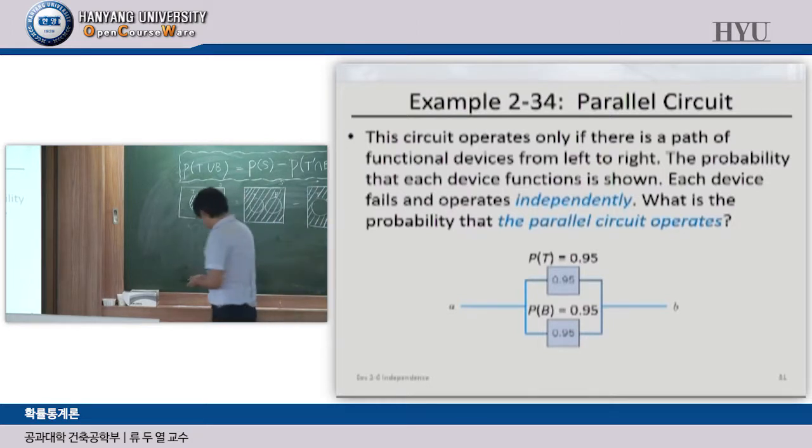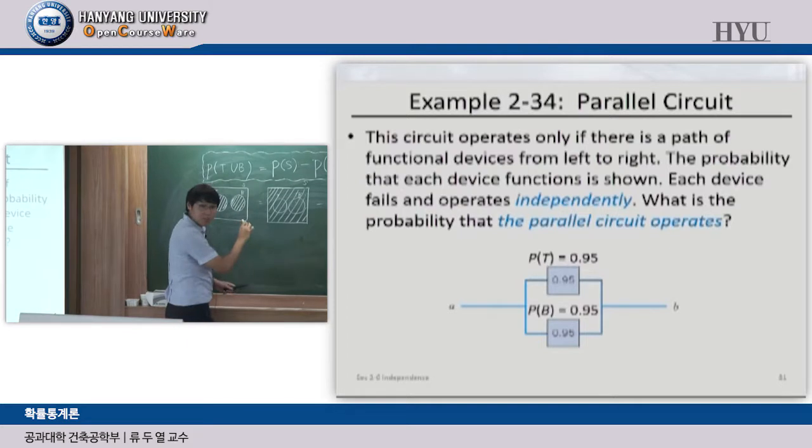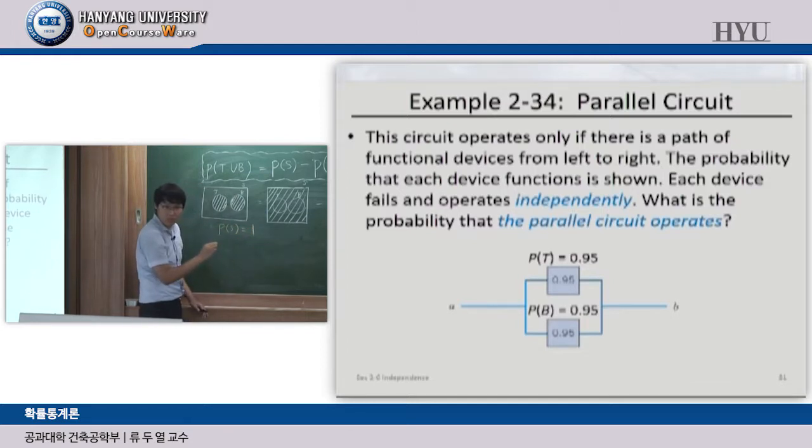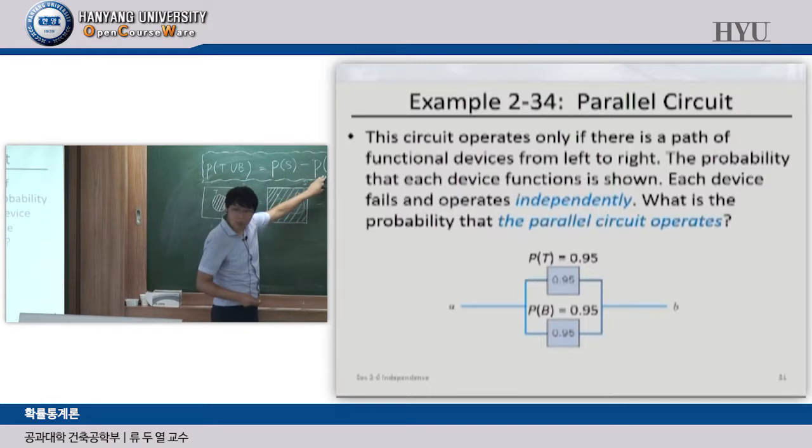And what is the probability of the sample space? The probability of the sample space equals 1, right? I already explained this part. So we have to calculate this probability.